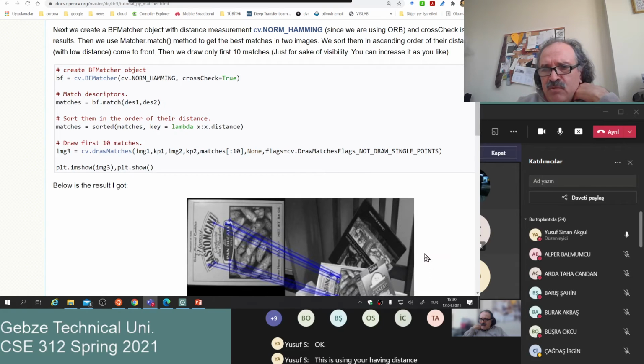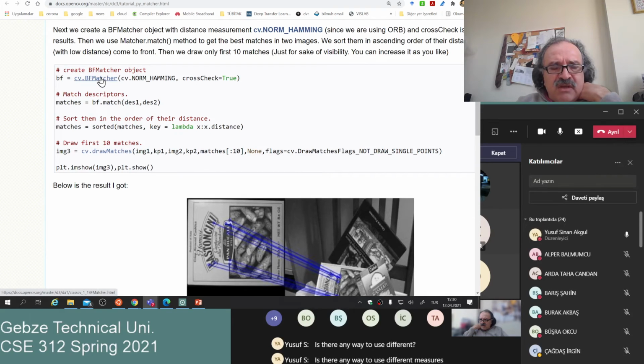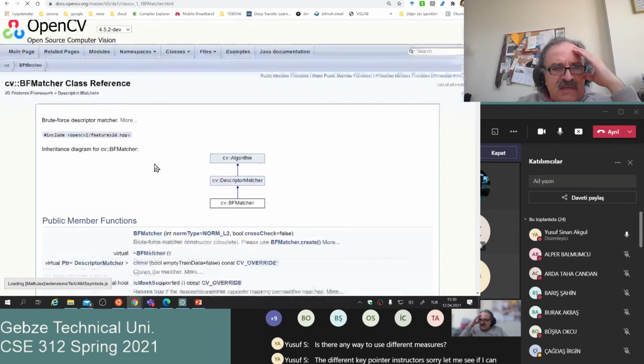Is there any way to use different matchers, different keypoint extractors? Sorry, let me see if I can find it.